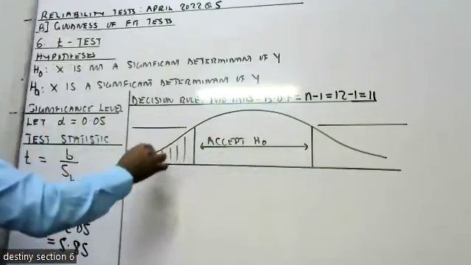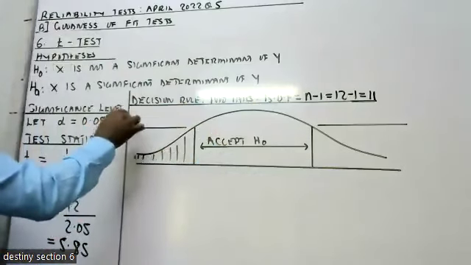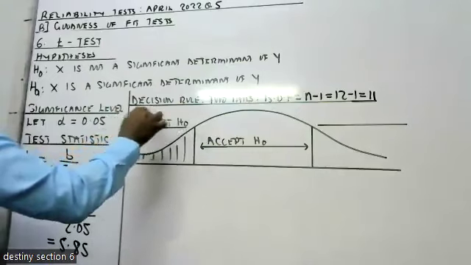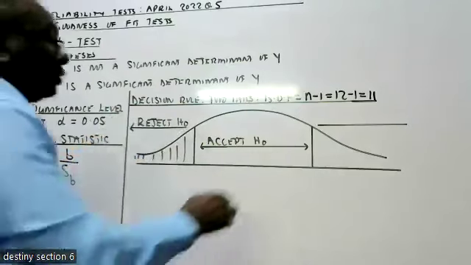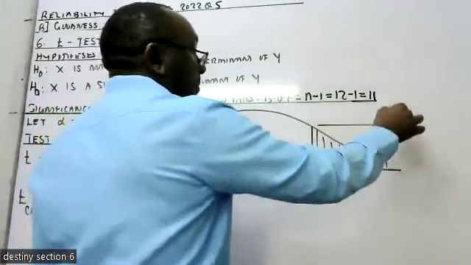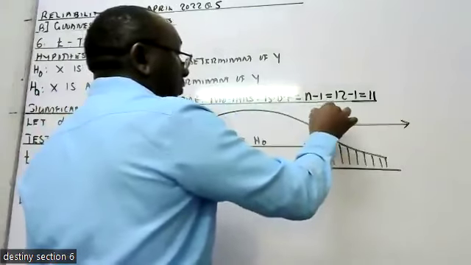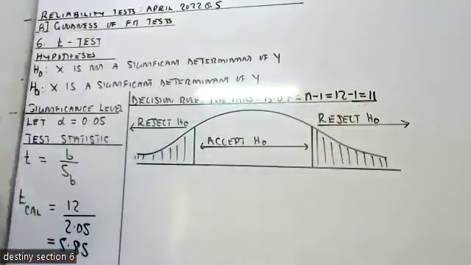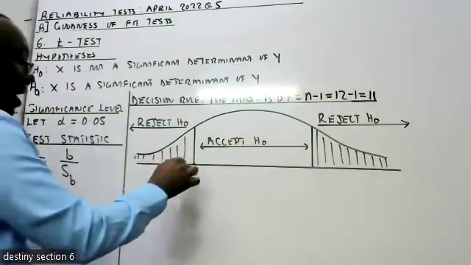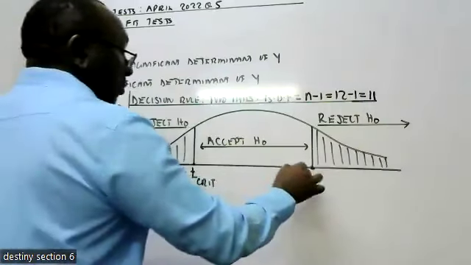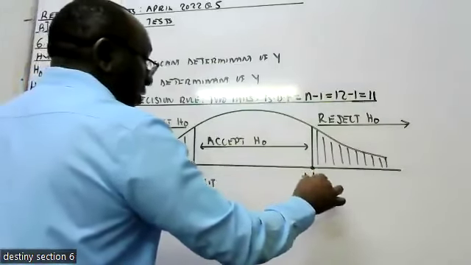If we find ourselves below here, we will say reject null, and if we find ourselves above here, we will also say reject null. This one will be minus T critical, and this one will be positive T critical.